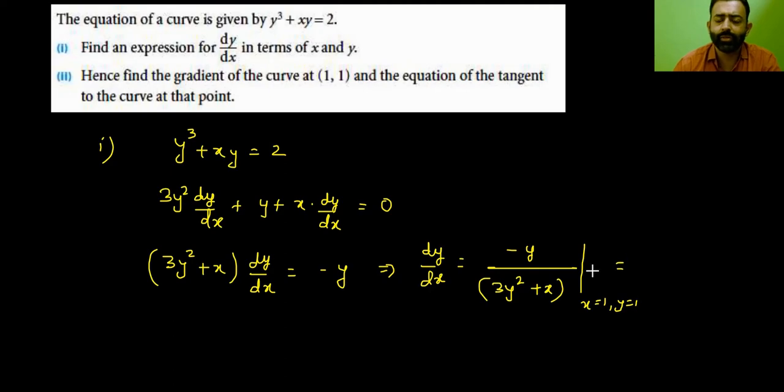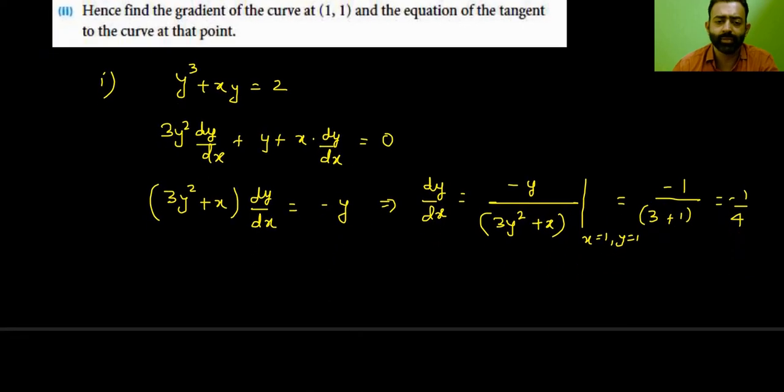You will get the value of dy/dx as minus 1 upon 3 into 1 square, which is 3, plus 1. This is minus 1 over 4. Next it says that you have to find the equation of the tangent to the curve at that point. This is very easy. So the equation is y minus y1.